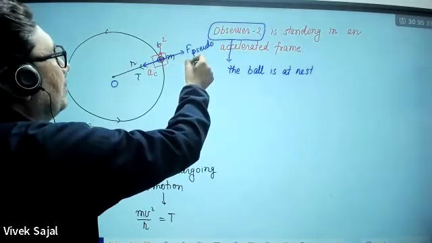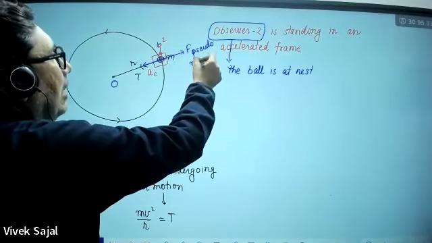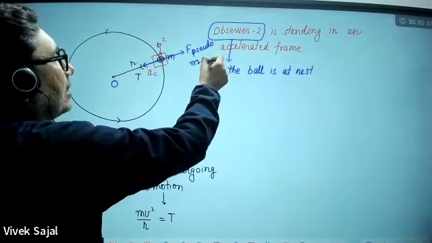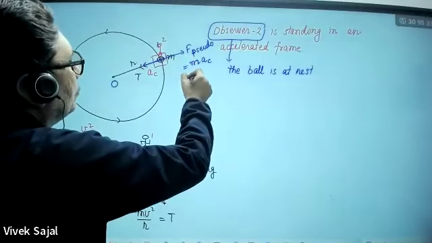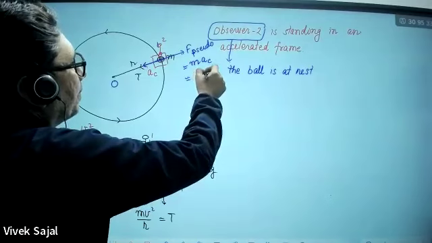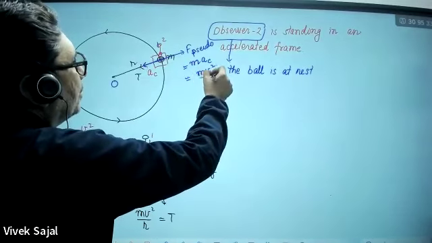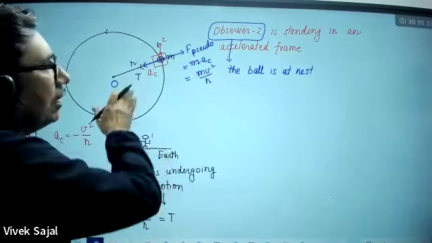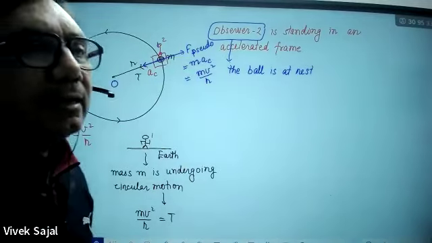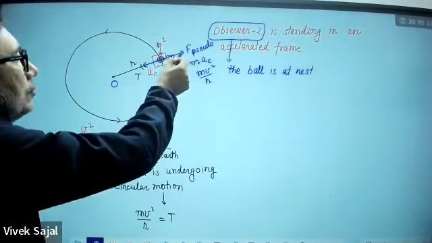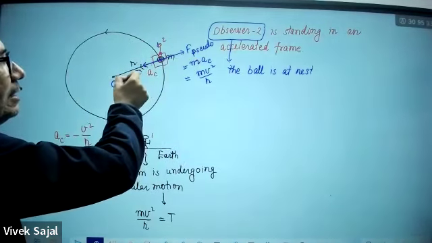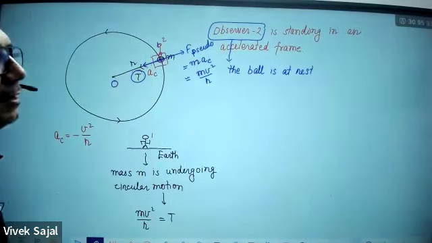And how much will it be? This will be mass times the acceleration, whose magnitude is the same. So this pseudo force will be m v square upon r. In the outward direction, you have to apply a pseudo force, and this pseudo force will balance the tension that is acting in the inward direction.